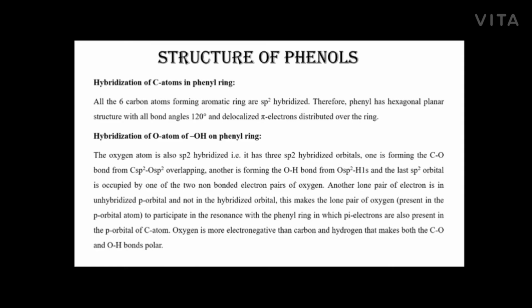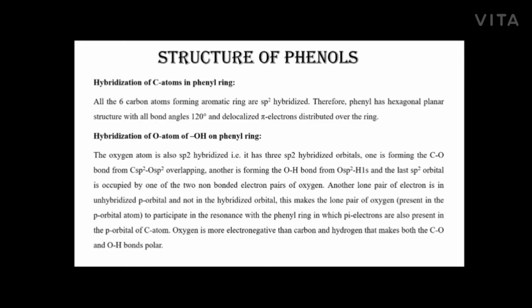If it is involved in resonance with the benzene ring, that means the lone pair must be in a p orbital, an unhybridized p orbital. So therefore the oxygen atom is also sp2 hybridized, which means it has 3 sp2 hybridized orbitals.